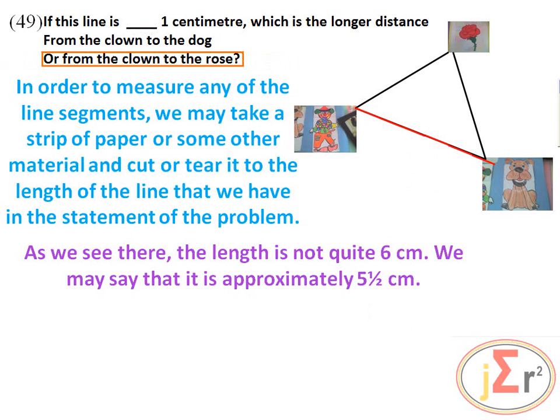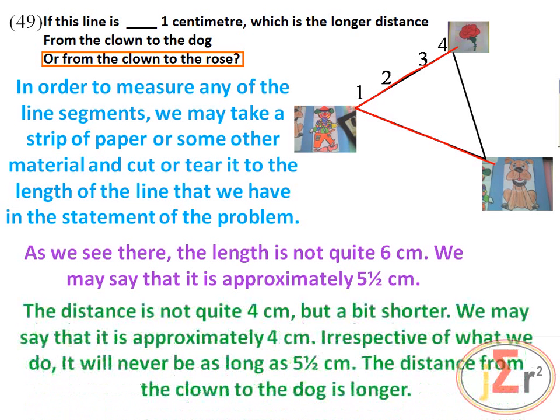So what about from the clown to the rose? We may use the same strip, because we have to ensure that it is the same length strip, because if we use a different length strip, we may run into trouble, because the measuring would not be consistent.